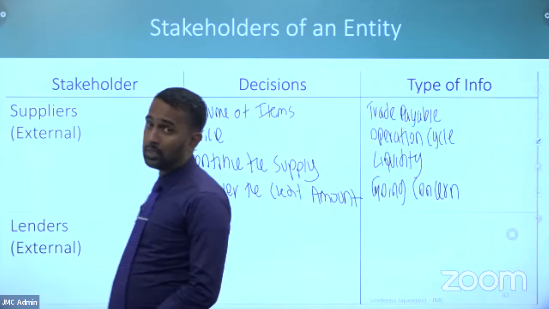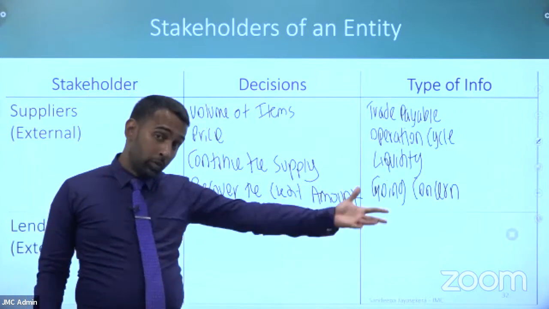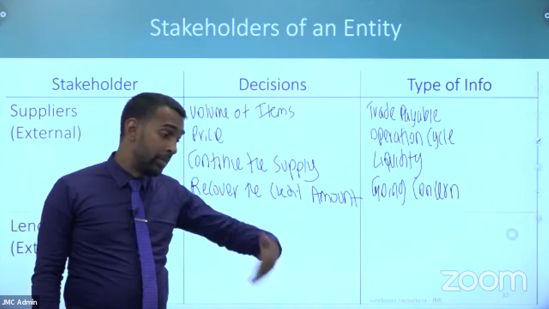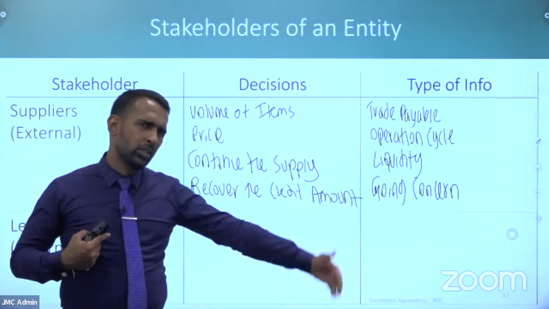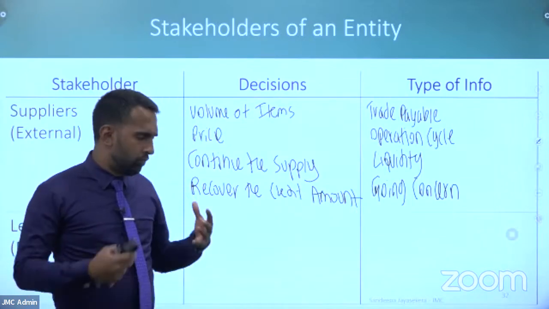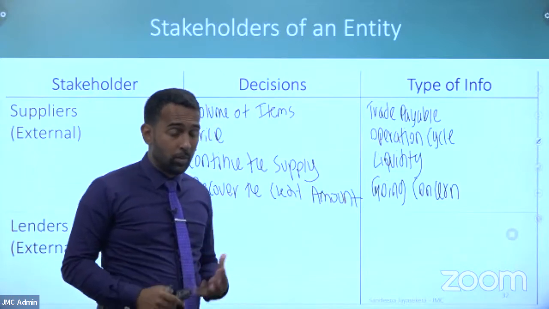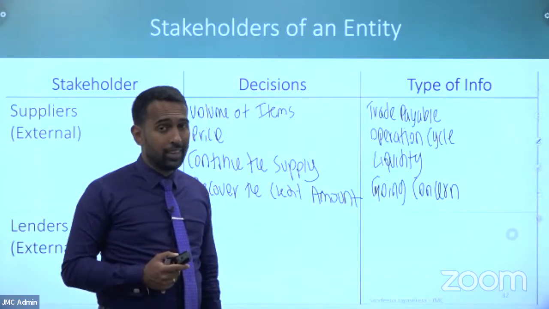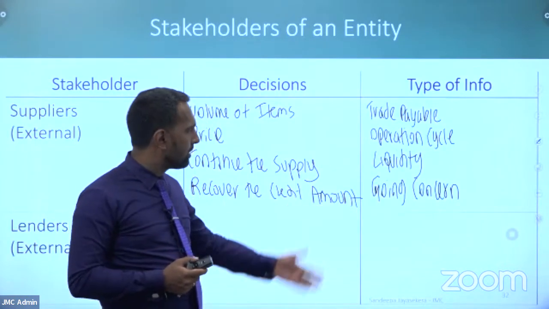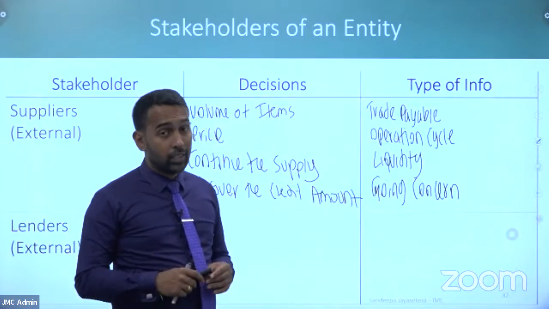Even the suppliers are looking at a set of information. How much volume are you going to supply in the future? What will be the price for that? And will I be able to continue the supply? For that, you have to look at how much trade payable and cash is available, whether the business is continuing, and what the liquidity position of the business is.